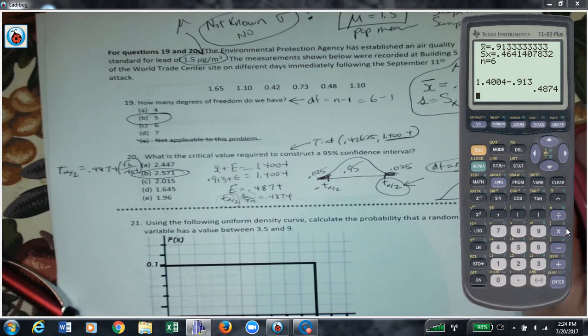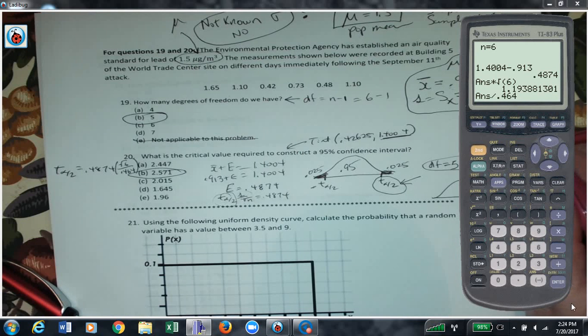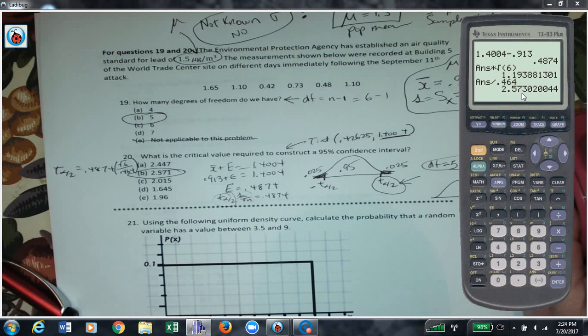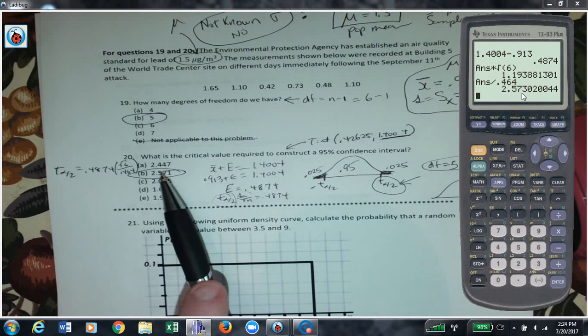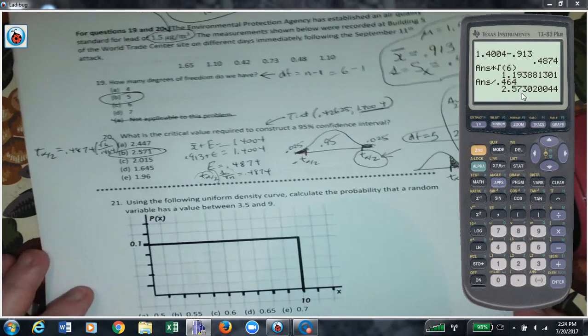So I've already got that times the square root of 6 divided by 0.464, because that's my S. Okay, and so I get 2.573, and out of all of these, it can only be that. So use the chart, it's easier.